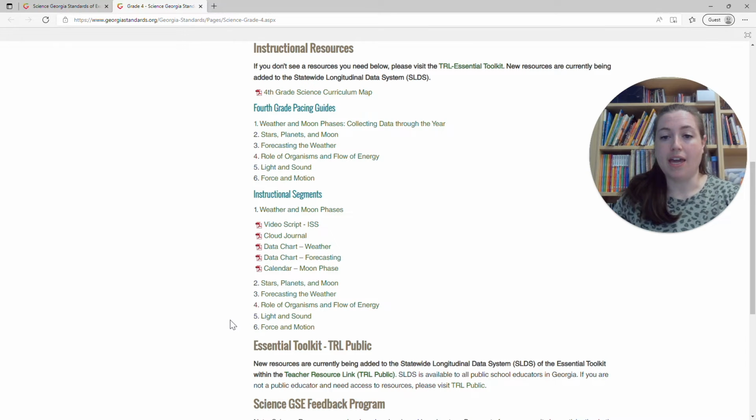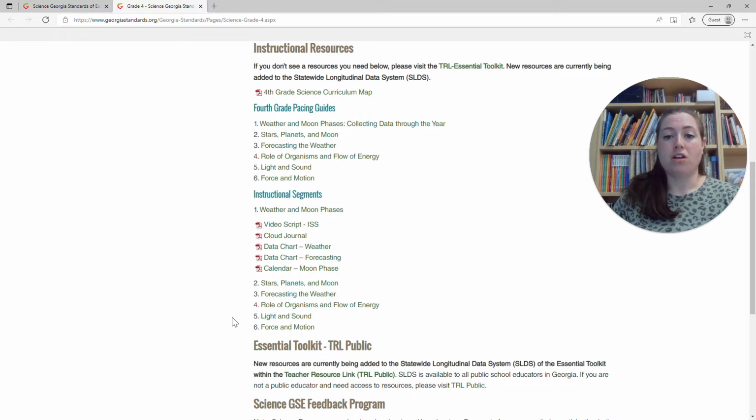Now, once again, and we'll talk about this in the best practices, that is not to say that you can only make that alignment and that connection in 1st grade, 4th grade, and 8th grade. But it is important to know when they're learning these concepts so that you can use that academic language and draw on those specific concepts. So I try not to use the word vibration when I'm referring to sound with my kindergartners, because they might look at me like I'm crazy, since they haven't learned that yet.